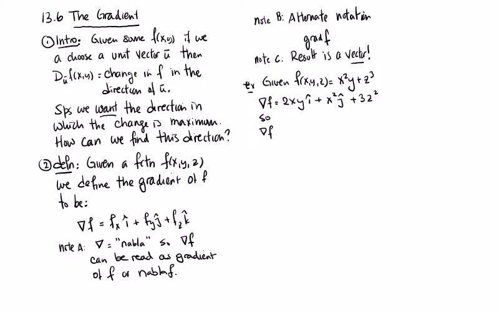So if you plug in, say, 1, 3, -2, you get a vector: 2 times 1 times 3 i plus 1 squared j, oops, I forgot the k up here, plus 3z squared k. So I get a vector, again, haven't made any claims about it. This is 6i plus 1j plus 12k.